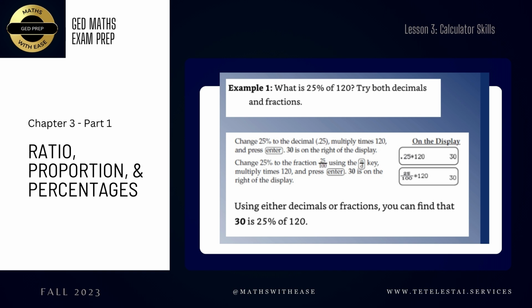So you would press your multiplication key, and then enter the number 120, and then press the enter key, and you would see your answer displayed on the right-hand side of your display screen as 30. So either using decimals or fractions, you can find that 30 is 25% of 120.